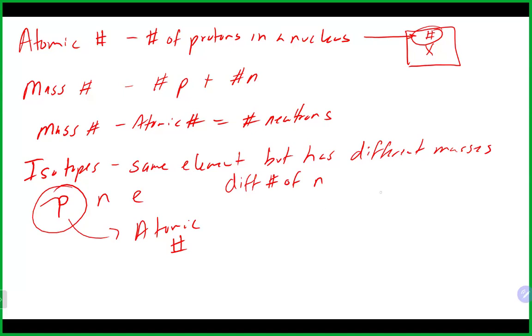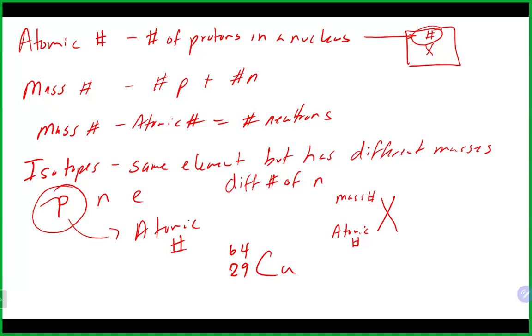We talked about how to write symbols for it, and you use the symbol, and top left is the mass number that you put there, and bottom left is the atomic number. So again, if we had Cu 64, and we'll go 29 on that there. And that would be a way that we can write a symbol, including the mass number and the atomic number.